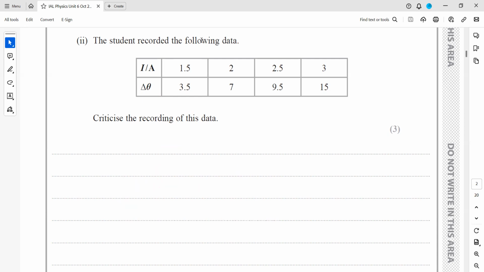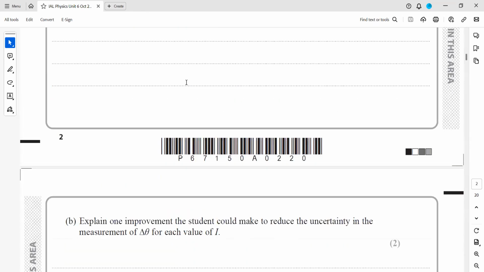Or you can also say the range is small, because measuring just from 1.5 to 3 is a small range of data. If you try to plot a graph from 1.5 to 3, that's a very small range for plotting a graph. That's why it won't be accurate as well, and you cannot recognize the trends.